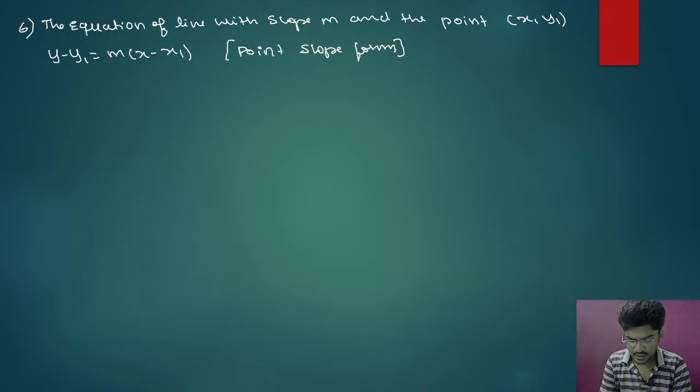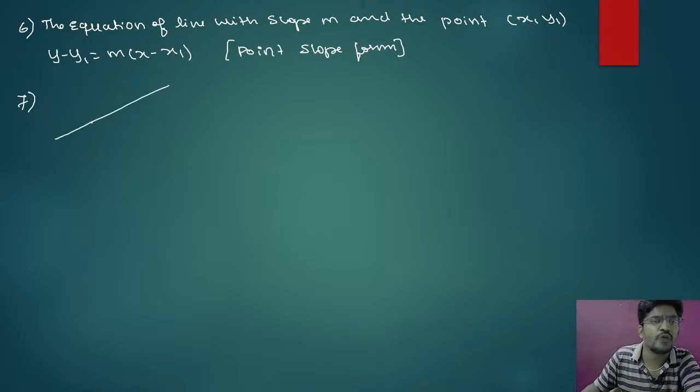Okay. So now for the seventh one, the equation of line passing through 2 points. Now you take, this is x1 y1 and you take x2 y2. You have to write the equation of line passing through 2 points.